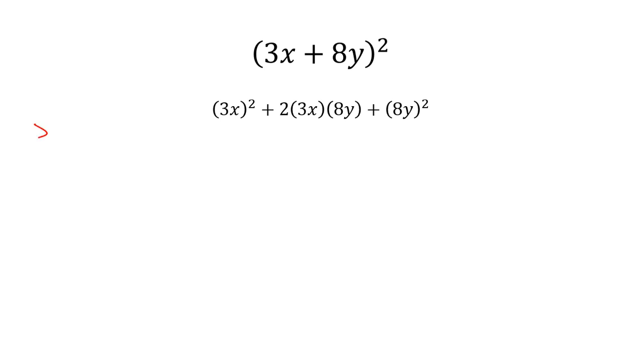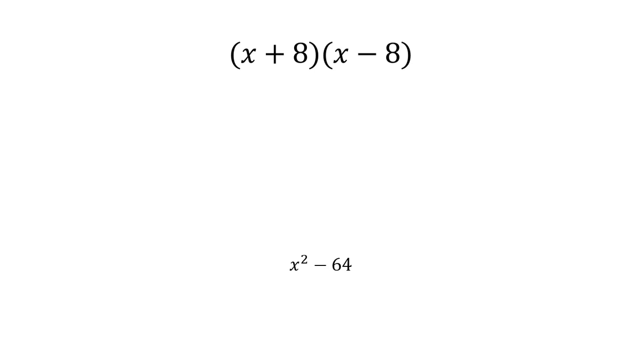That gets you 9x squared, plus 48xy, plus 64y squared, and that would end up being our answer. So again, it still works even if you don't just have an x or just have a number. You can still use this rule all the way through.